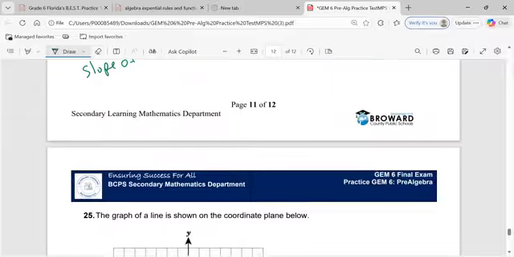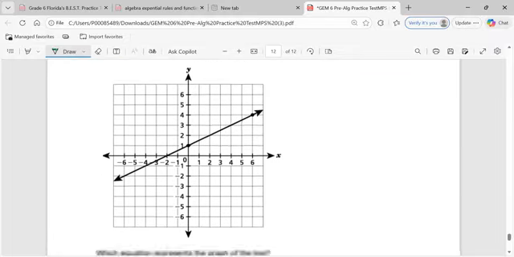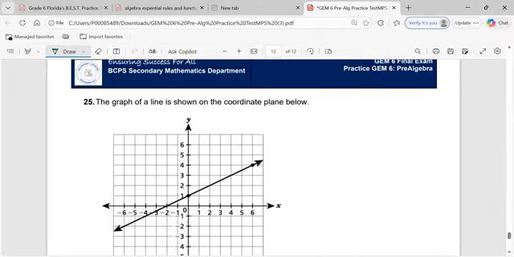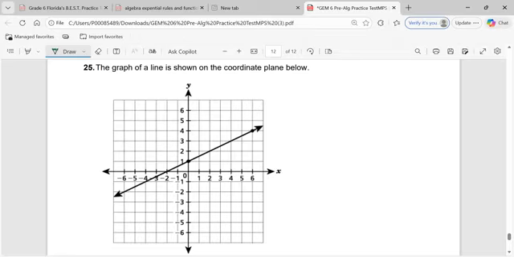All right, we have 2 to go. Here's the graph of a line that is shown. We want to know what is the equation of this line. Again, we're going back to our bestie, slope-intercept form, y equals mx plus b. Your y-intercept is here at 1, so b is equal to 1. And now let's look for the slope. Perfect intersection here, perfect there.